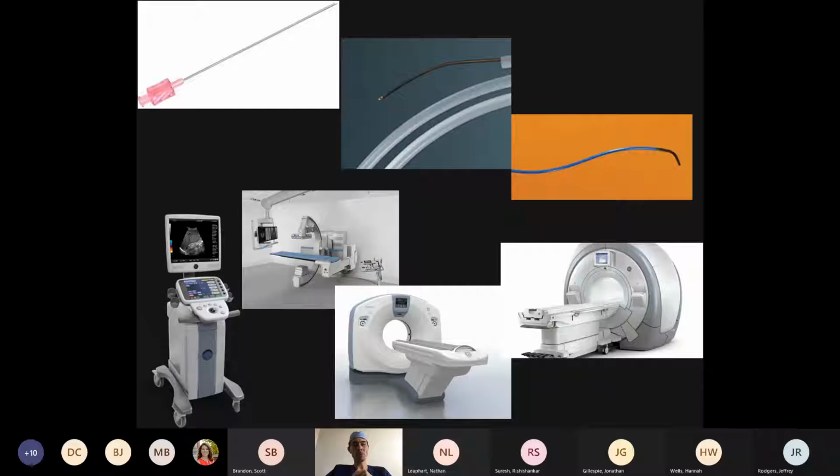We can do this using very minimal access, no cut downs, and we can guide and get to pretty much anywhere in the body using some sort of imaging and some sort of device, usually a needle and a catheter. Whenever we combine those, that's what we use in our daily activities here in IR.